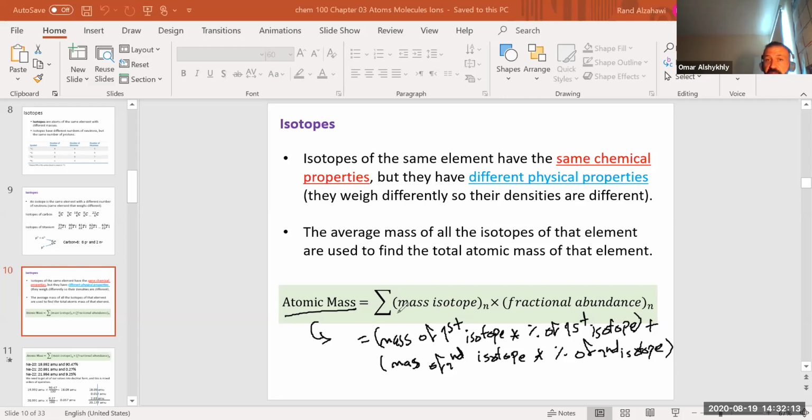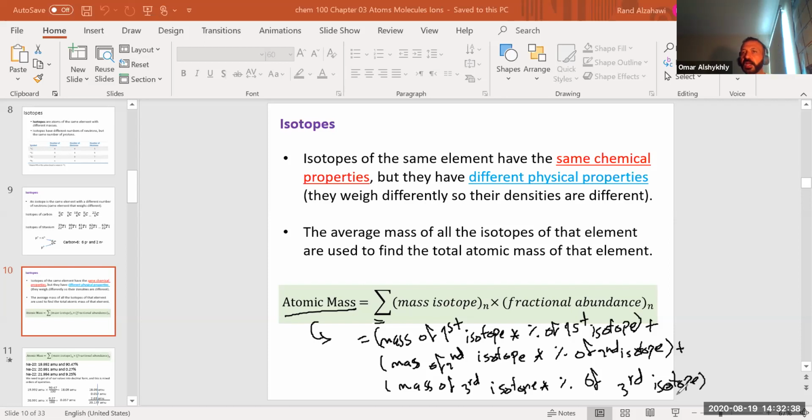Okay, it is a summation. If we have a 3, keep going, plus, don't forget these parentheses, the mass of that isotope times the percentage of it. If we have 3, it will be the mass of the third isotope times the percentage of the third isotope.